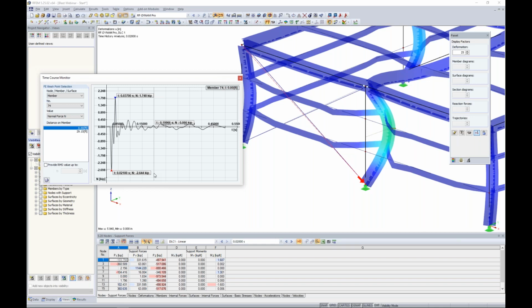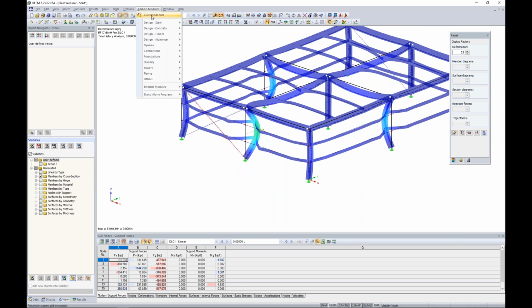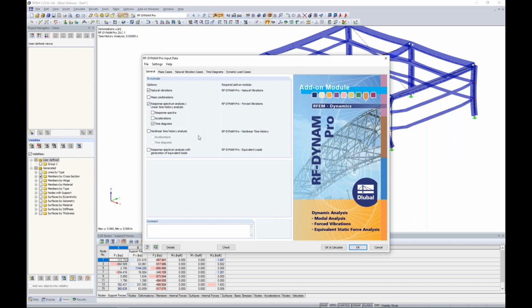So how can we overcome this if we know that these nonlinearities are extremely important for our blast design? And this is where we're going to go back into the add-on module. So we can go up here to the current module, RF-DYNAM Pro, and we're going to activate here nonlinear time history for time diagrams. And you'll notice that none of my tabs changed here.